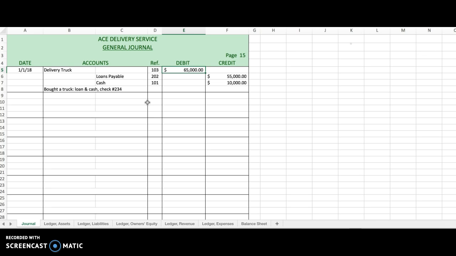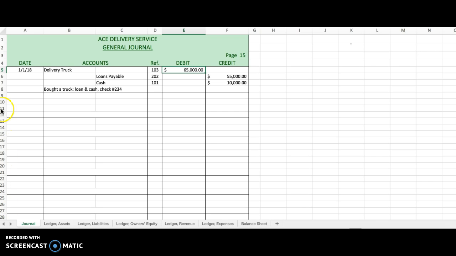Now, we could be doing this monthly, we could be doing it quarterly, 4 times a year, or we could be doing it annually. To make it very simple in this problem, we will assume that the ACE delivery service has an accounting cycle of 1 year. So at the end of the year, we have to account for that $6,300 loss in value of that delivery truck.